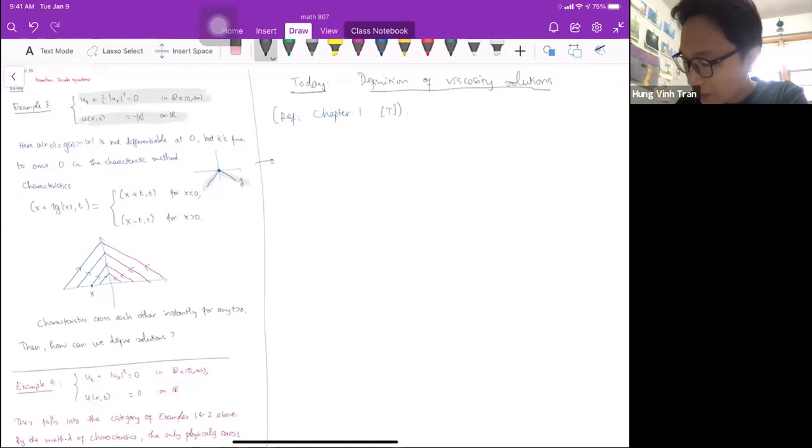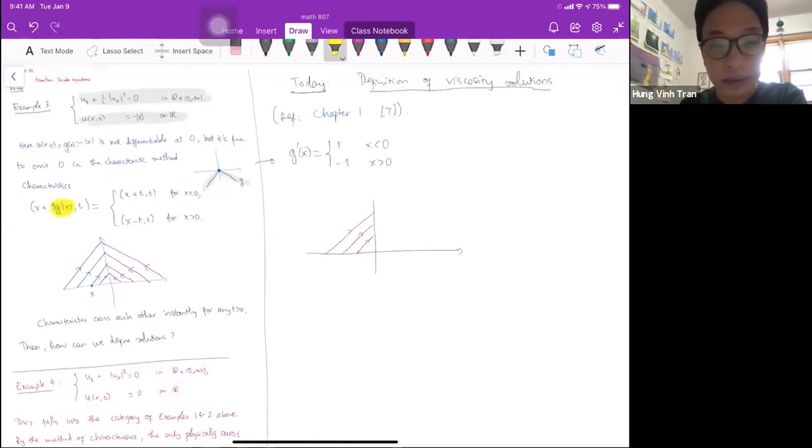In this case, you would have g prime of x equal to 1 for x less than 0 and minus 1 for x positive. So the backward characteristics starting from x less than 0 have slope 1, because that's exactly the slope g prime of x.